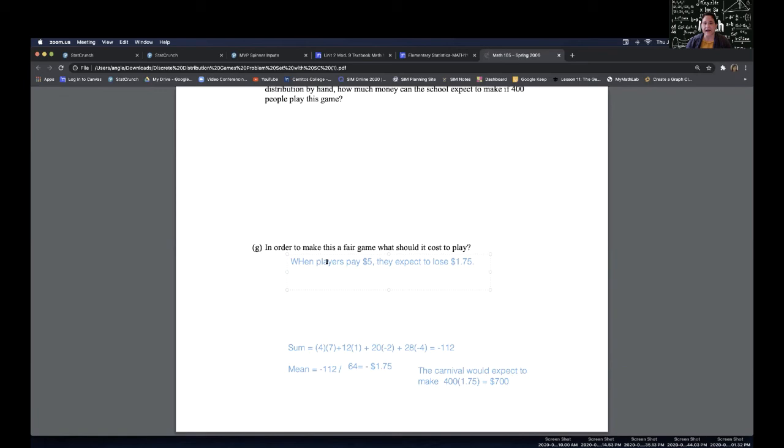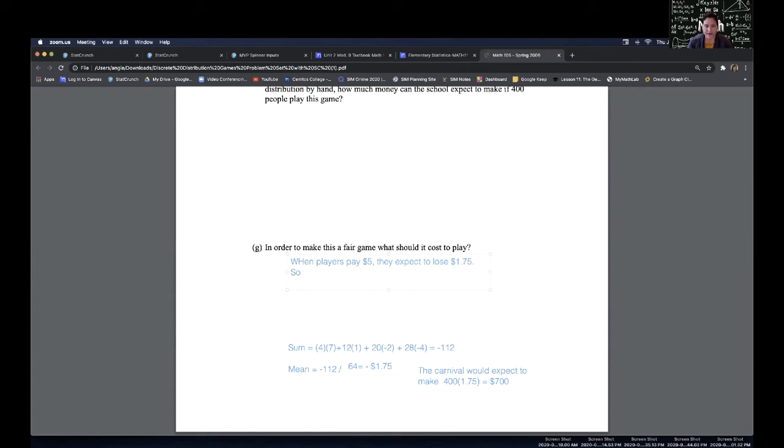So if right now they're paying $5 and they're losing $1.75, how can the carnival help those players to not lose that much? What can they do? Lower the price of the game. Yeah, they're going to lower the price of the game.